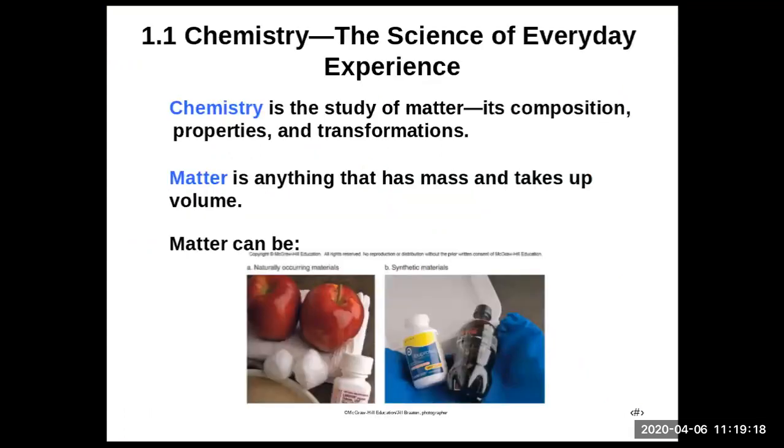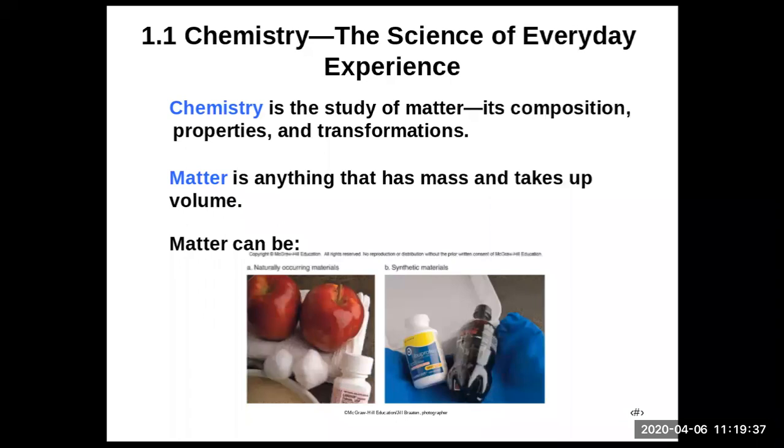So chemistry, the definition we can have for it, is that it's the study of matter, its composition, properties, and transformation. And matter, what is matter? It's anything that has mass and takes up volume.